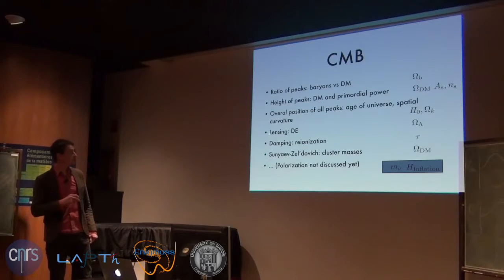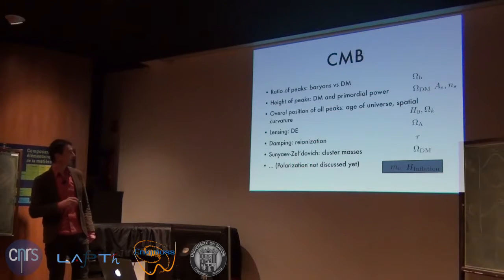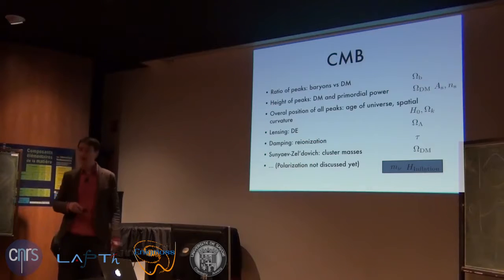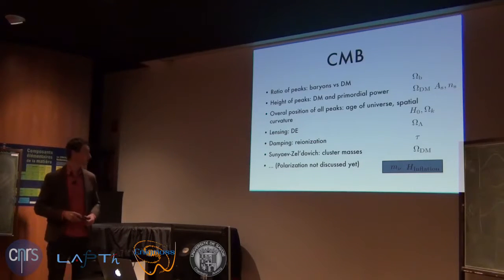The lensing of the CMB power spectrum, which in this figure would be most visible at much higher multipole moments, so on the right hand side of this figure, gives you a handle on dark energy. Nowadays you cannot fit the cosmic microwave background anymore without dark energy.